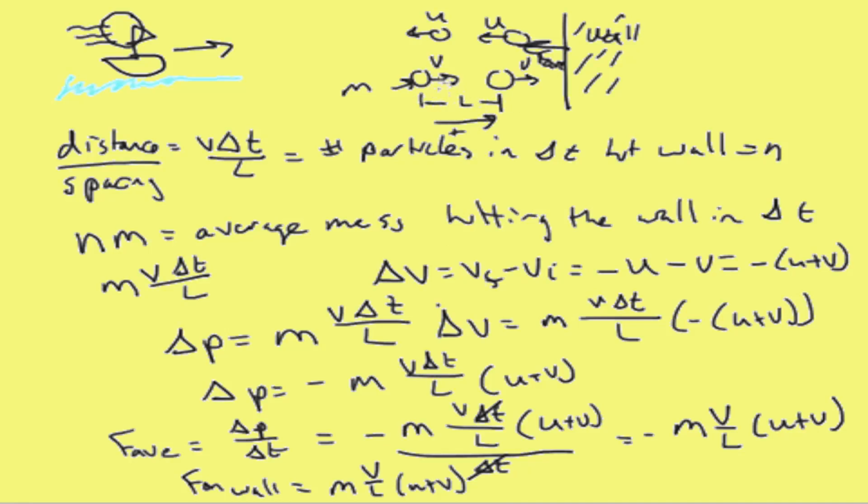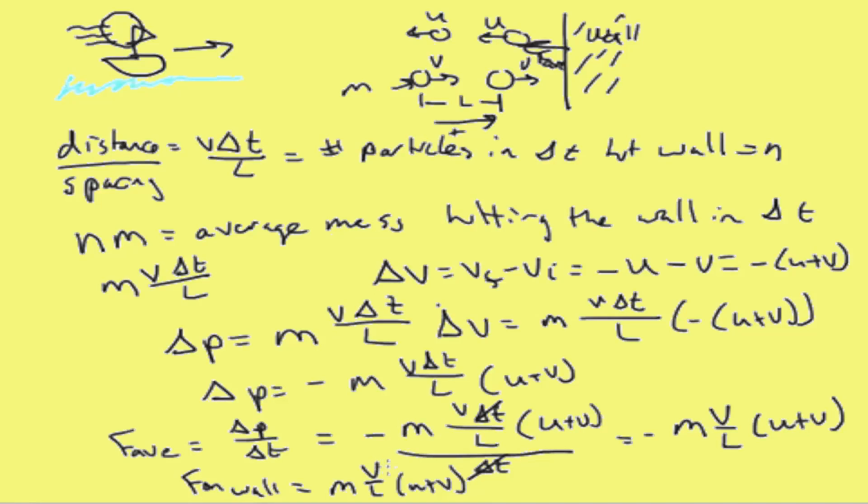So if L is really large, then that means there's a lot of dead space in between, so we have not much air. So this would say that a sailboat in outer space would not be an optimal way to travel, because you're going to be very infrequently getting hit by an air molecule.